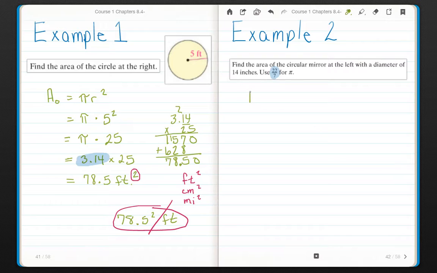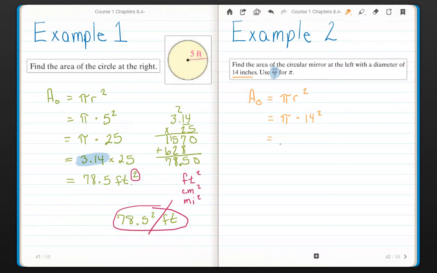So again, area of a circle, let's change colors. Area of a circle equals pi times r squared. We know that the diameter is 14 inches, so equals pi times 14 squared.